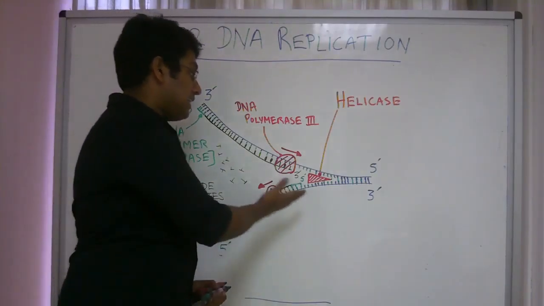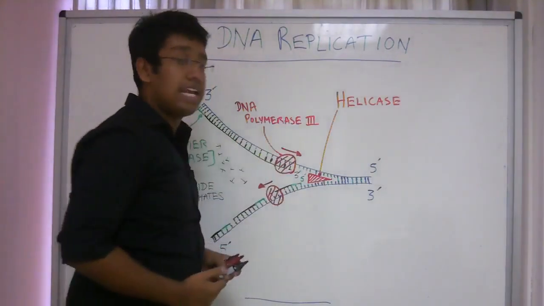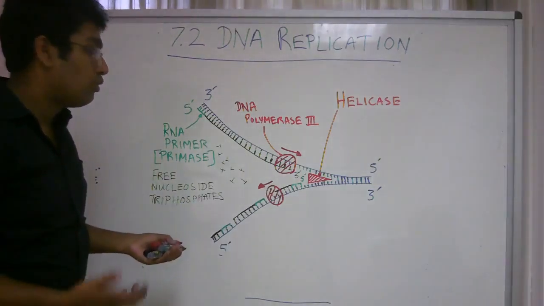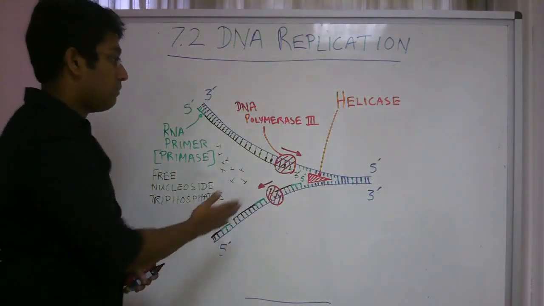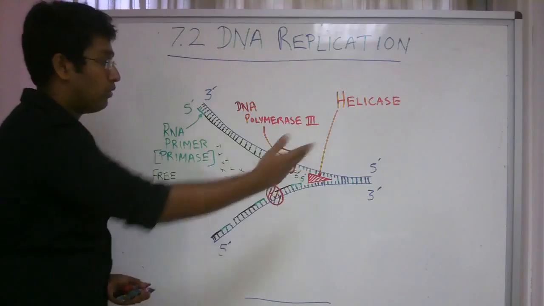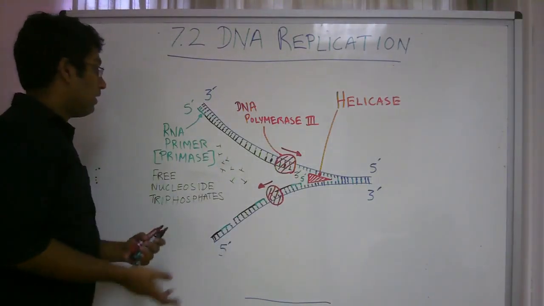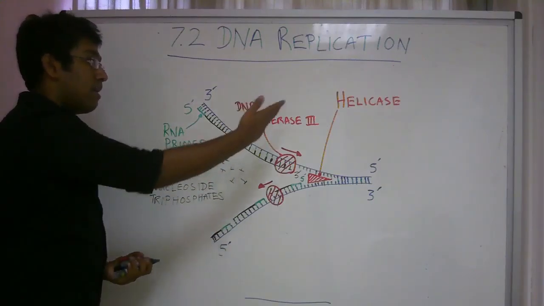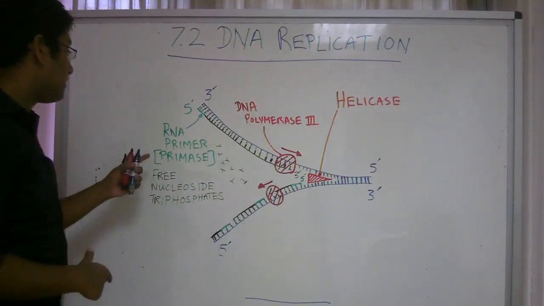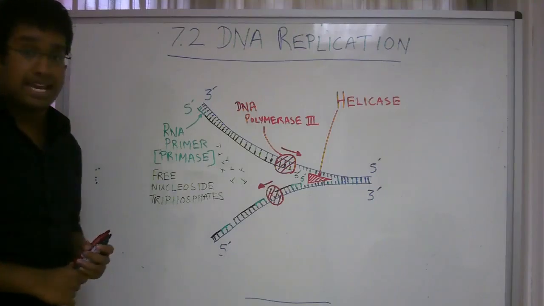Now, as helicase separates the parent DNA molecule into its 2 parent strands and proceeds to the right of the board, you will see the other enzymes coming into action. The next enzyme after helicase to play a role is the enzyme RNA primase.